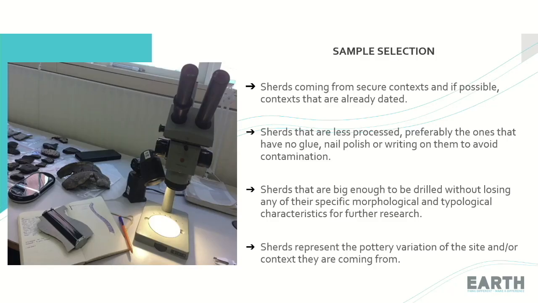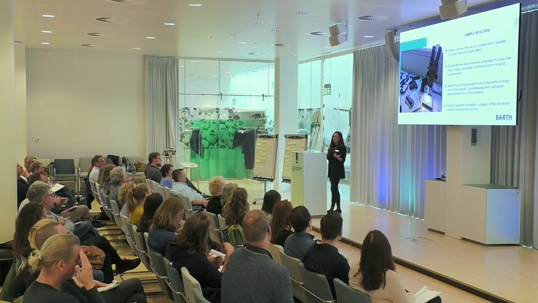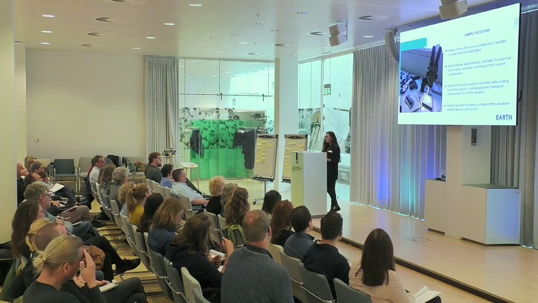And the fourth one is that shards represent the pottery variation of the site and/or context they are coming from. This is again very difficult if you're dealing with small amounts of pottery, but if you are giving me a bunch of pottery that you think represents an assemblage, that will give us a better understanding of the pottery use.